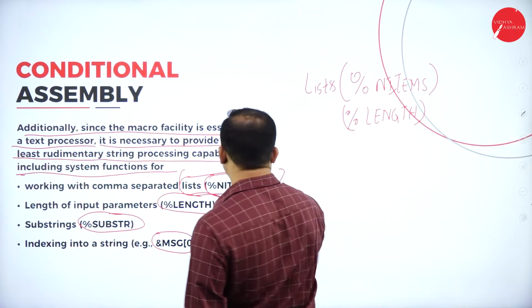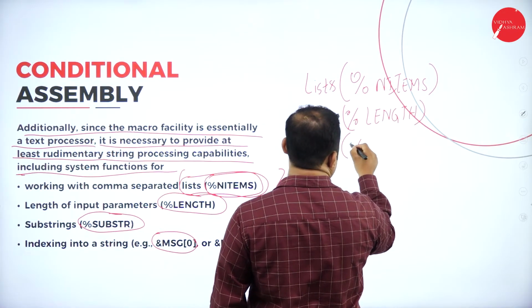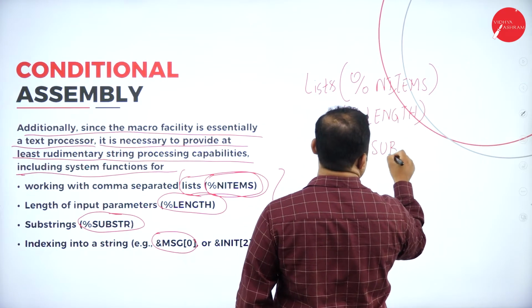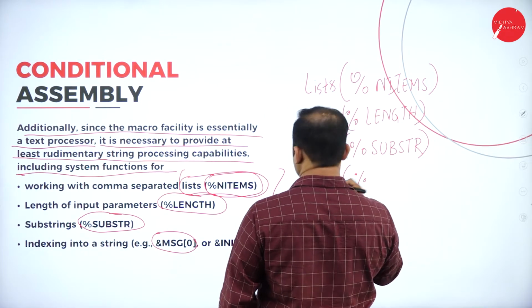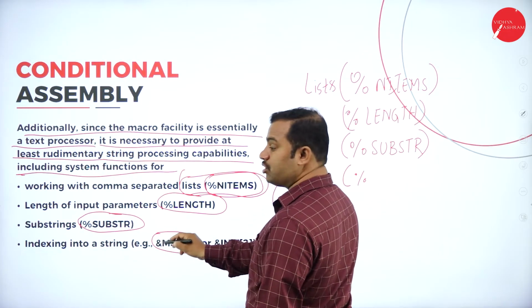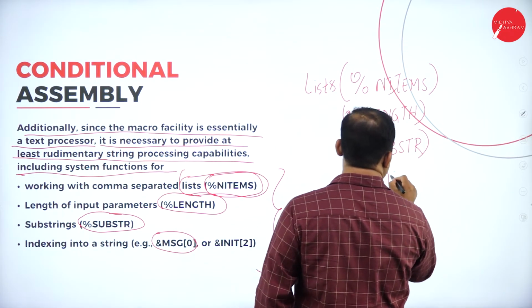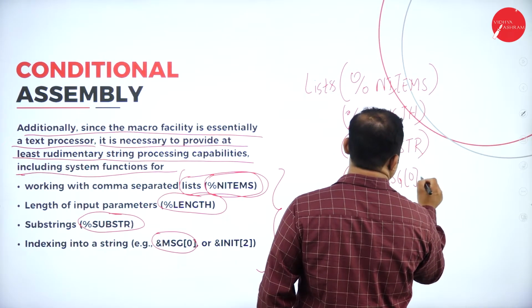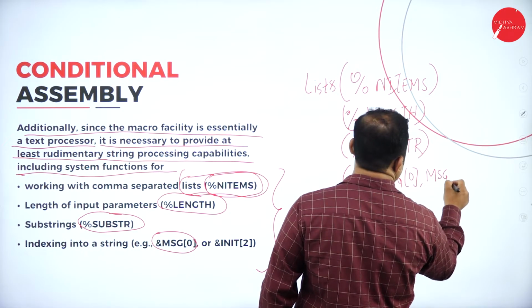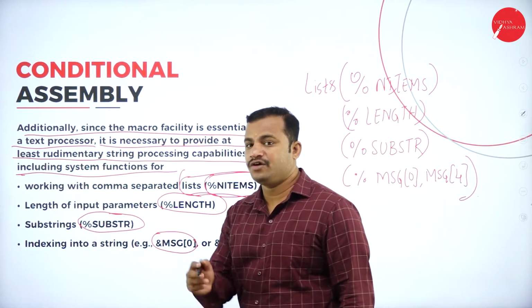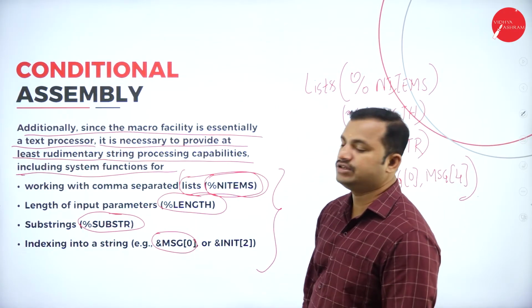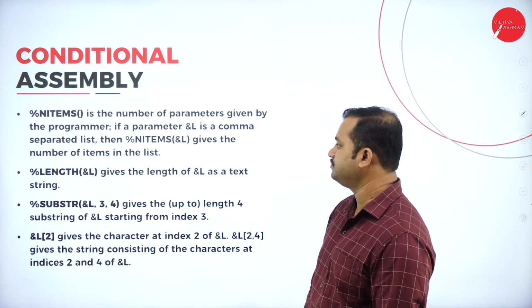Then we have substring. Then we have this macro indexing operations. So on like this. So we have all these possibilities to work with string type of operations.